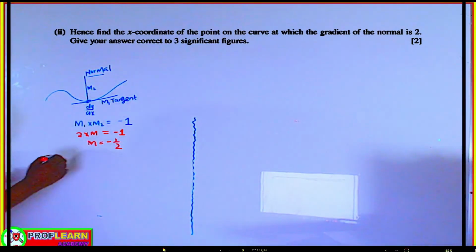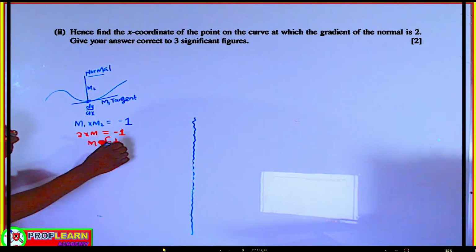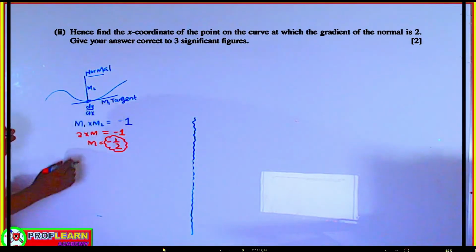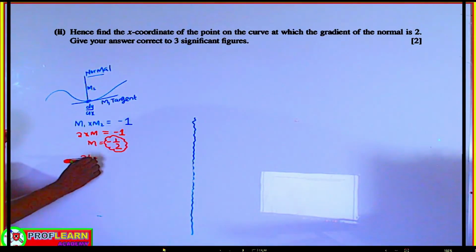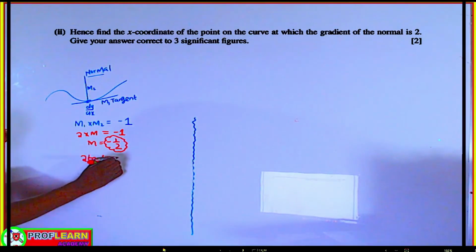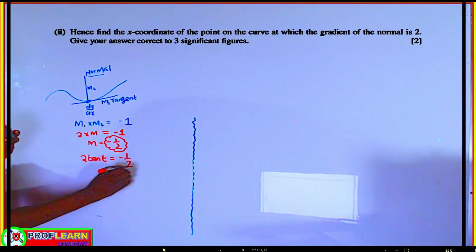So we can now say we are going to equate this gradient to the gradient function of the curve. And remember, the gradient function of the curve was 2 tan t, which is equal to this value that we have gotten here, which is -1/2.